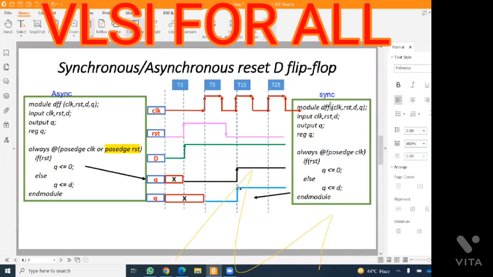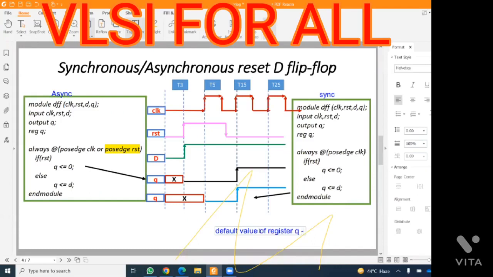High, 1. Correct. And before simulation, the value remains X, because this Q is a register, right? And what is the default value of a register?